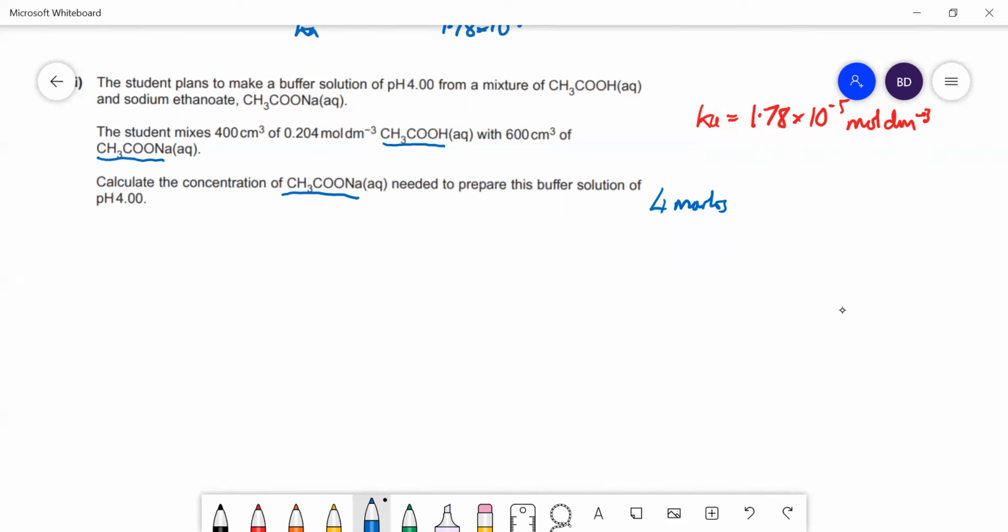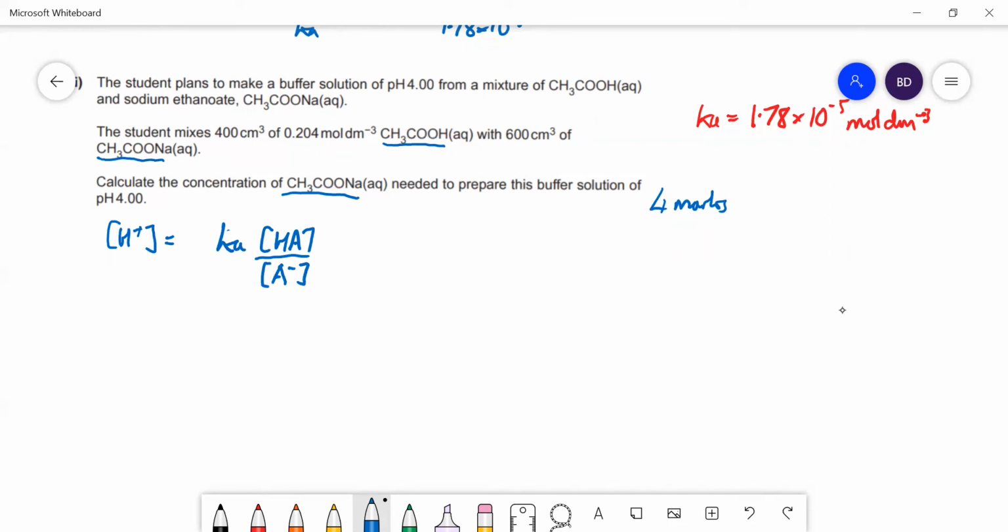So what I'm going to do is rearrange the Ka expression so that we get the H+ concentration is equal to Ka times HA concentration over A minus concentration.